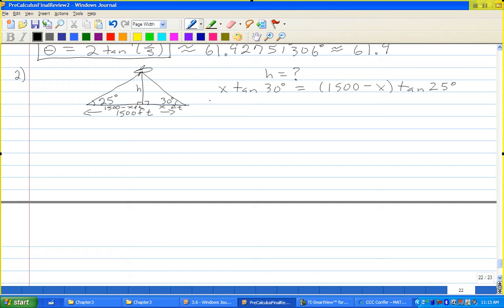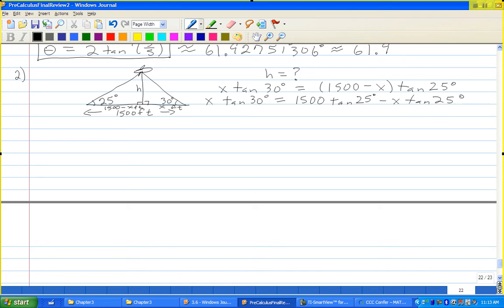Okay, so I have that X tangent 30 degrees is equal to 1,500 tangent 25 degrees minus X tangent 25 degrees.